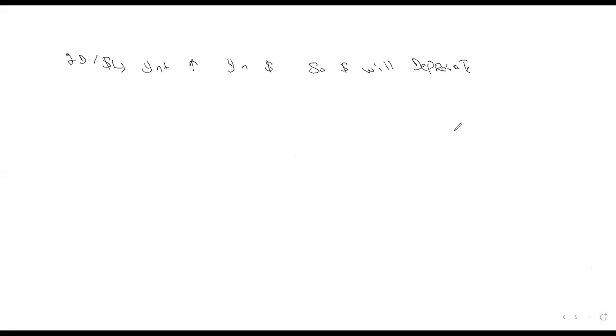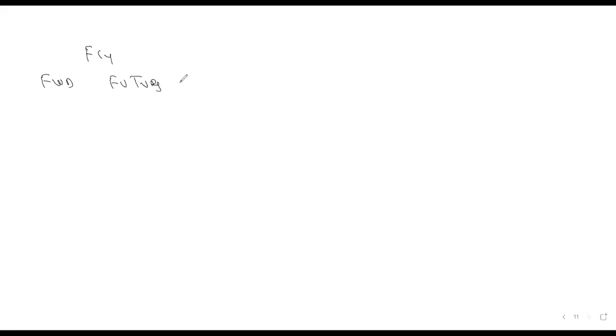Guys, see, try to understand. For foreign currency, the hedging techniques which will be tested are the forward, the futures, and options. For interest rates, you have the FRA, forward rate agreement, interest rate futures, and options.